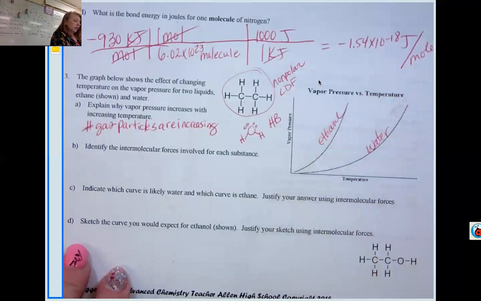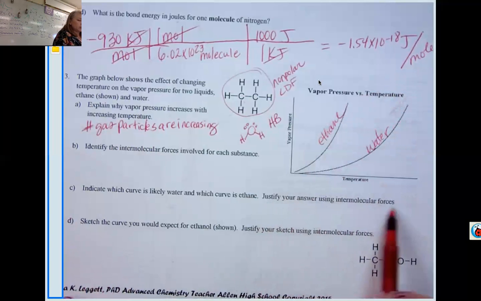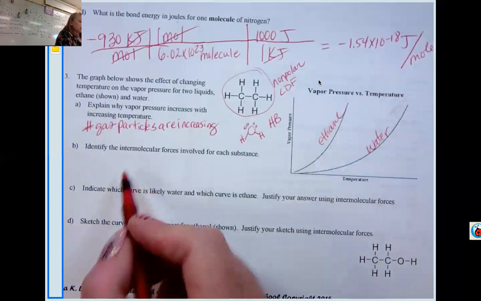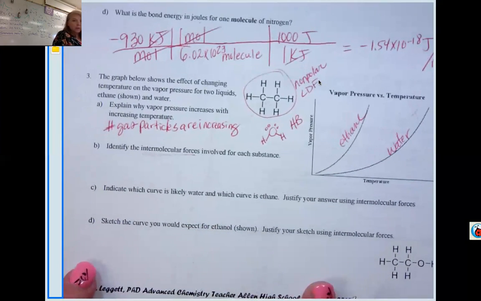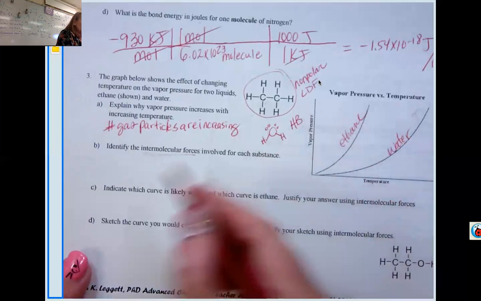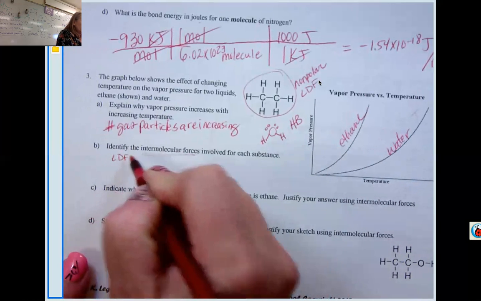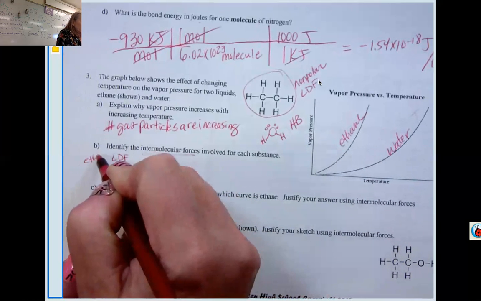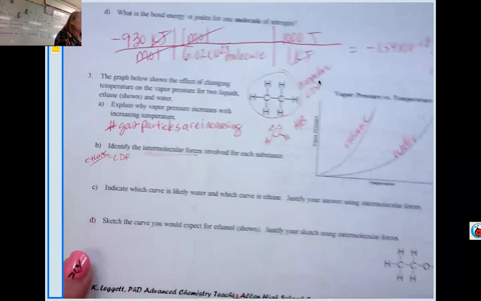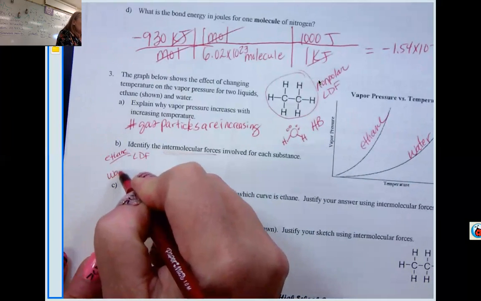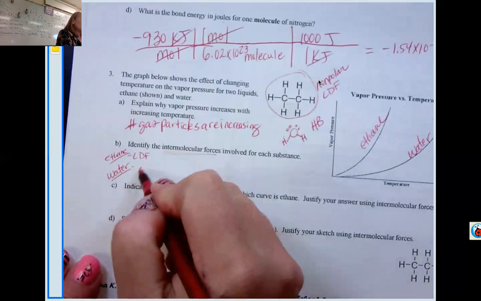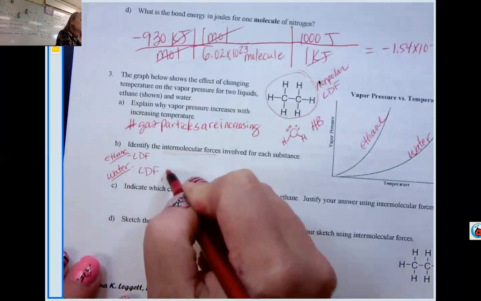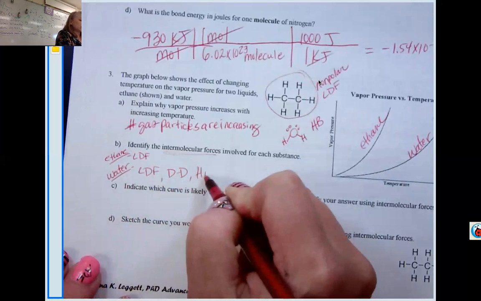You had to do that on C and justify your answer using intermolecular forces. So identify the intermolecular forces for each substance. We've already identified London dispersion forces for ethane. And water has hydrogen bonding, but it also has the other two. Hydrogen bonding is just the strongest. It has London dispersion forces, dipole-dipole forces, and hydrogen bonding.